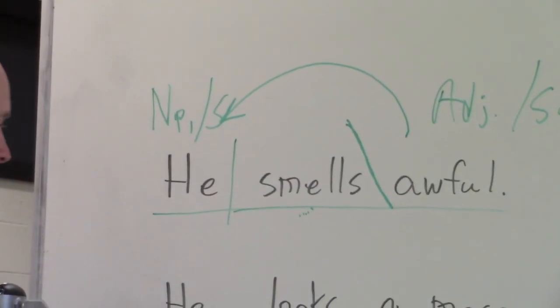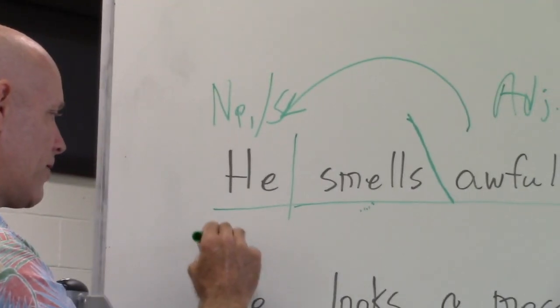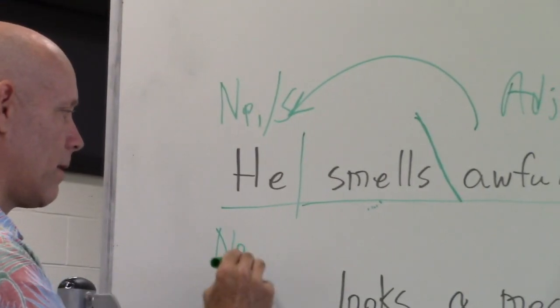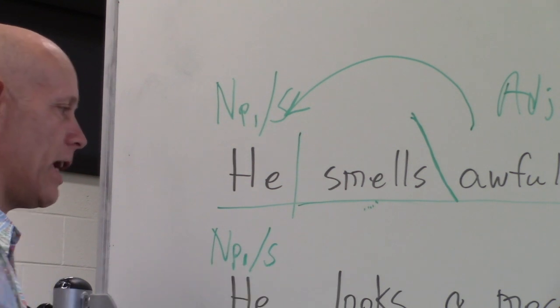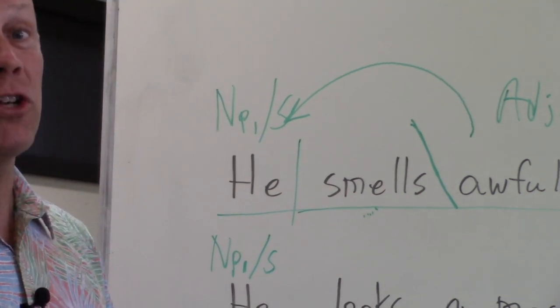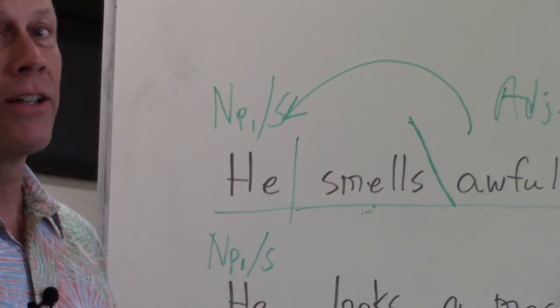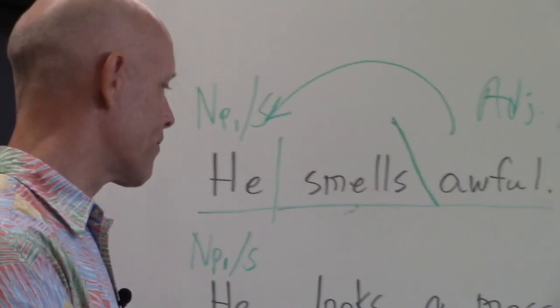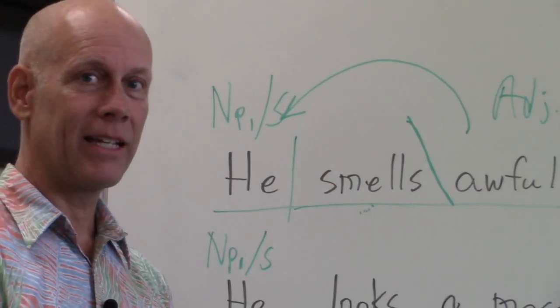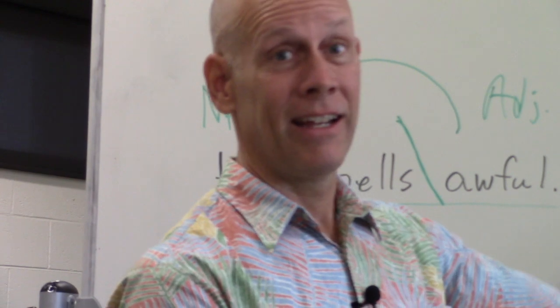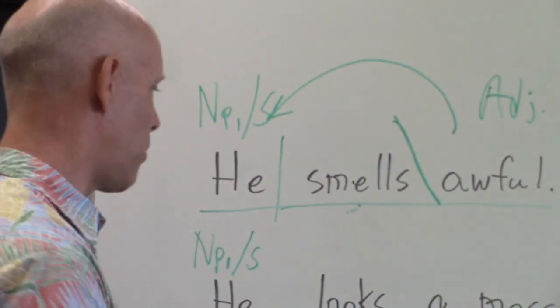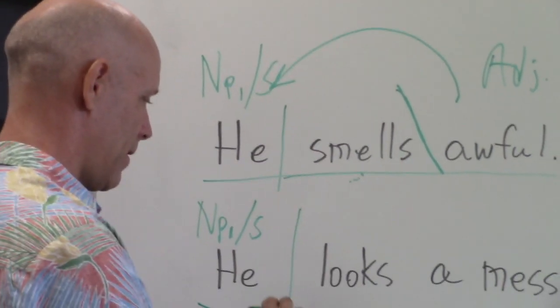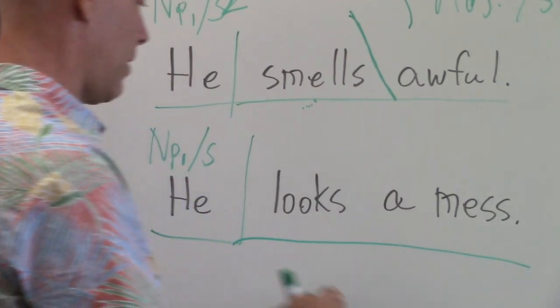What's this one called? It's a noun phrase with 1 subject. All right, and is this a pattern 1, 2, or 3, dude? No. How do you know? Because it's not a be verb. What's your main verb? Your main verb is looks.